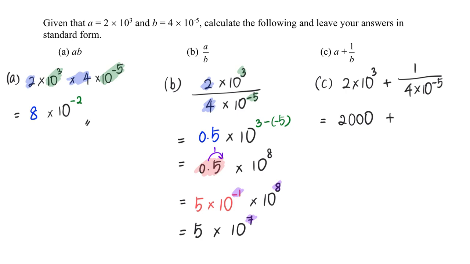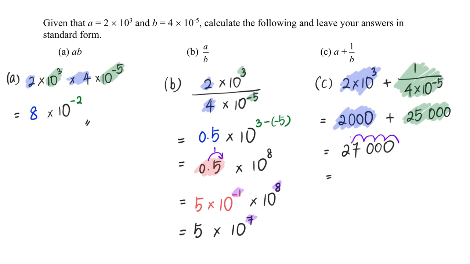And the other one is actually equal to 25,000. So when I add them up, it will give me 27,000, and I'm going to write them as standard form. 2.7 times 10 to the power of 4.